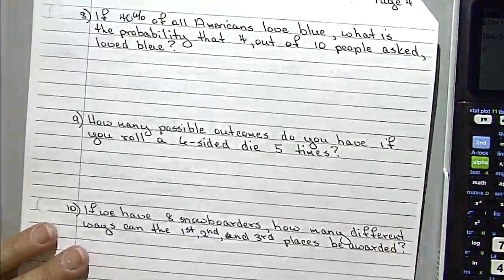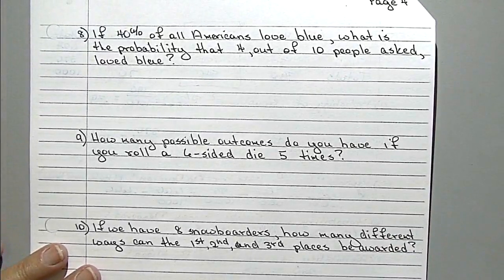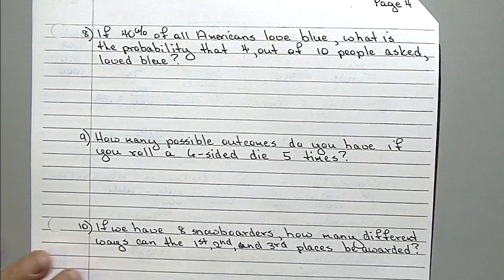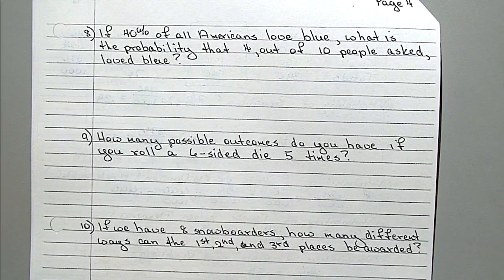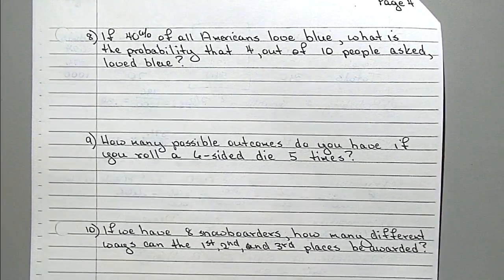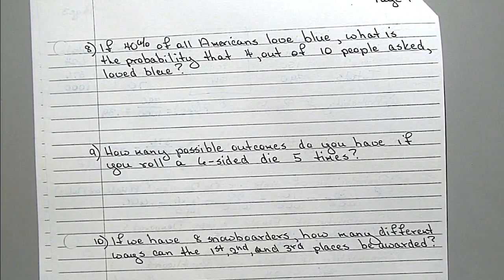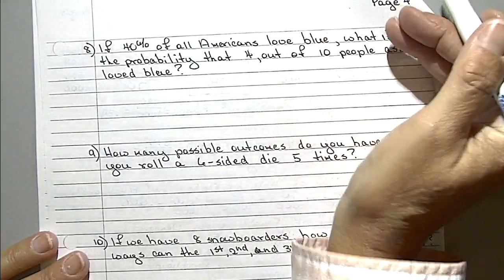All right, so next, if 40% of all Americans love blue, what's the probability that 4 out of 10 people asked love blue? Okay, so the responses here, as far as we're concerned, are they either love blue or they don't love blue. It didn't go into how many really love red. It just said they love blue or they don't love blue.